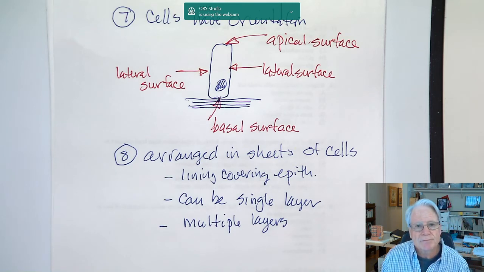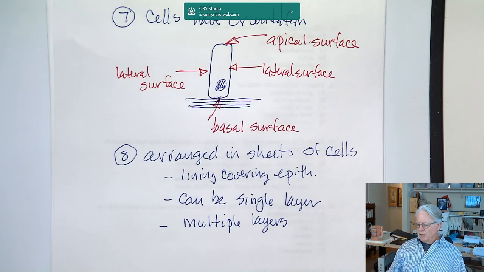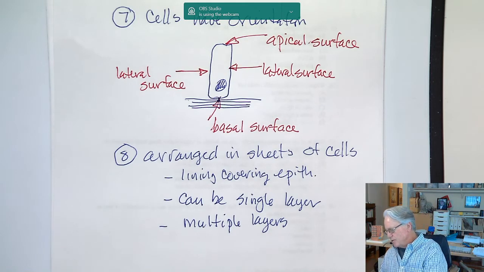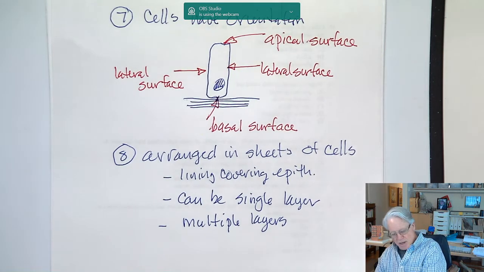So, with that in mind, what we're going to do now is look at how we name epithelial tissue. How is it organized? Because there's not just one single type of epithelial tissue. There are several different types of epithelial tissue. How do we organize all the various types? That's what we're going to look at next, and then we'll start looking at some examples of epithelial tissue.